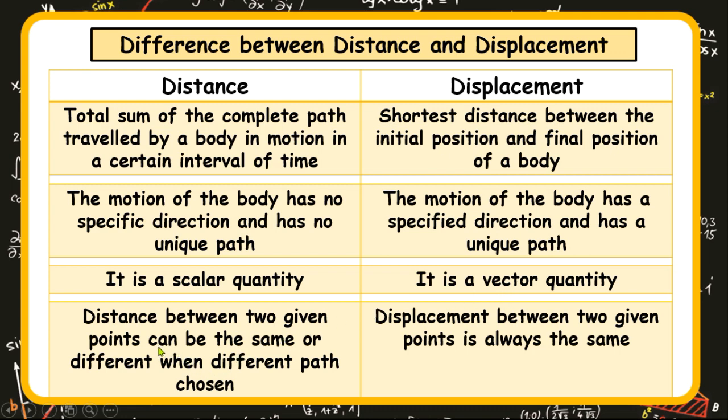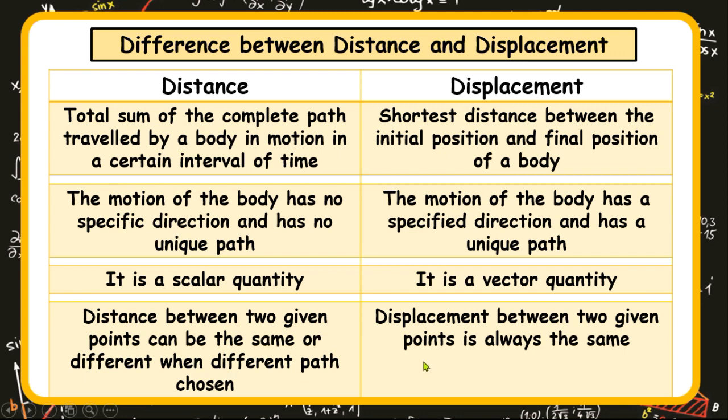The last difference is, when you are given 2 points, from an initial position to a final position, the distance between those 2 points could be the same if the path is uniquely designated. The same distance could be different if different paths could be chosen to arrive at the final destination from the initial.